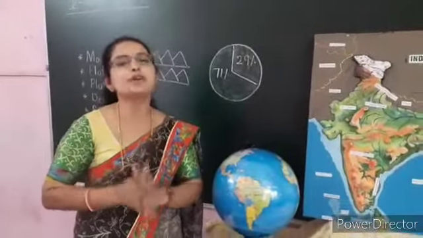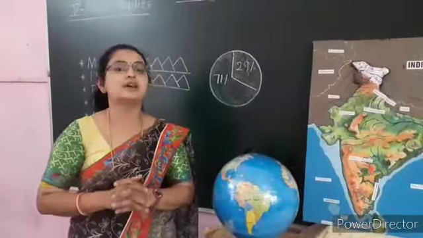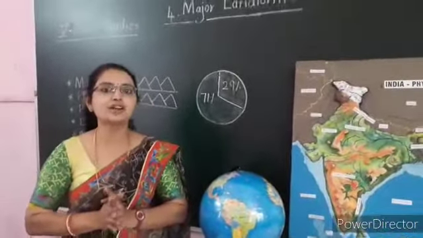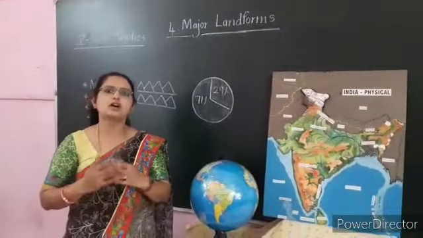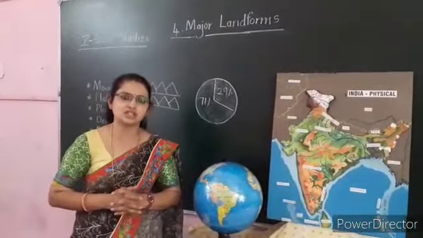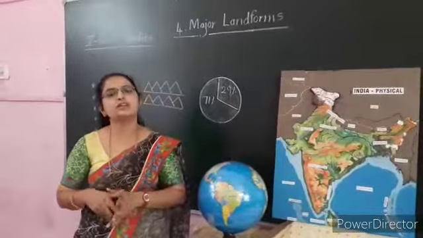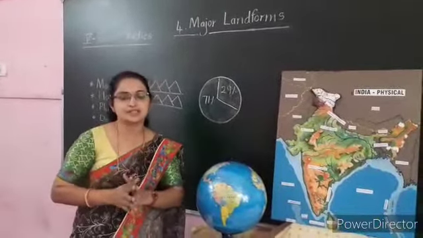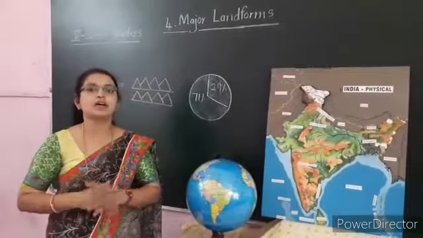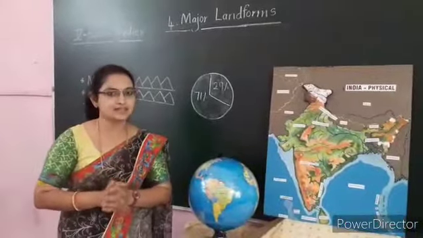Next, the importance of plains. Plains have very fertile soil which is suitable for agriculture. Most ancient civilizations flourished on plains. Most big cities and towns are located in the plains.